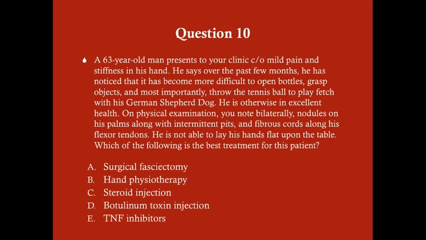On physical examination, you note bilateral nodules on his palms, along with intermittent pits and fibrous cords along his flexor tendons. He's not able to lay his hands flat upon the table. Which of the following is the best treatment for this patient? A. Surgical fasciectomy. B. Hand physiotherapy. C. Steroid injection. D. Botulinum toxin injection. Or E. TNF inhibitors.